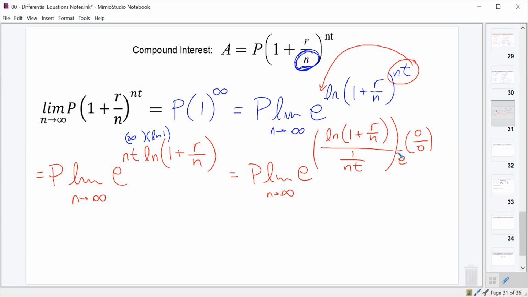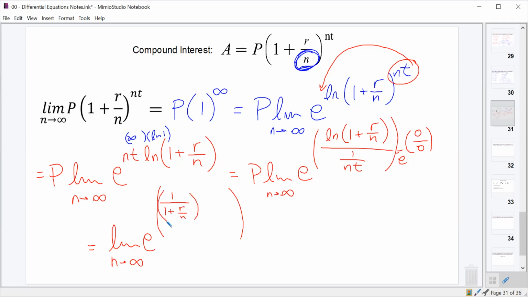So we'll just use L'Hopital's rule as we normally would, taking the derivative of natural log of 1 plus r over n and the derivative of 1 over nt. So we've got the limit as n approaches infinity of e to the power of, and then the derivative of natural log of 1 plus r over n, that's natural log of u, so it's 1 over 1 plus r over n.